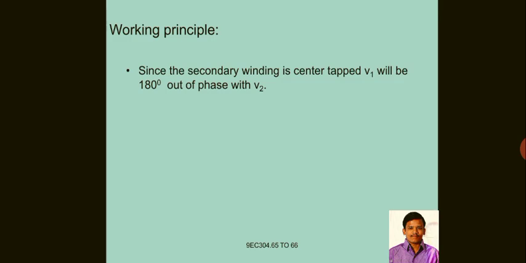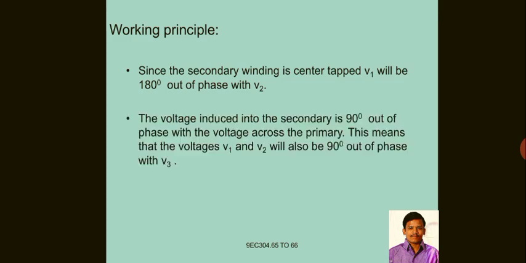Therefore V1 will be exactly out of phase with V2, that is V1 will be equal to minus V2. The voltage induced into the secondary is 90 degrees out of phase with the voltage across the primary. This means the voltages V1, V2 also are 90 degrees out of phase with V3.